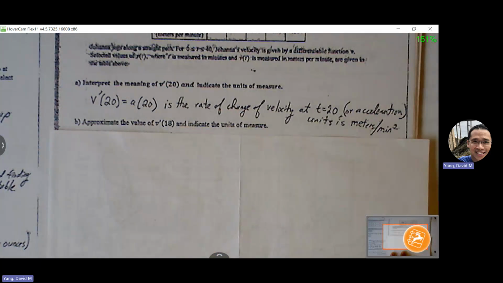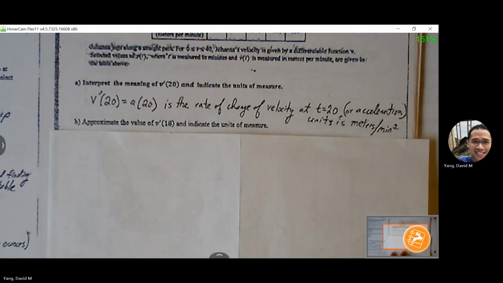It tells us how fast the rate at which she is running is changing at 20 minutes. So just rate of change of velocity.